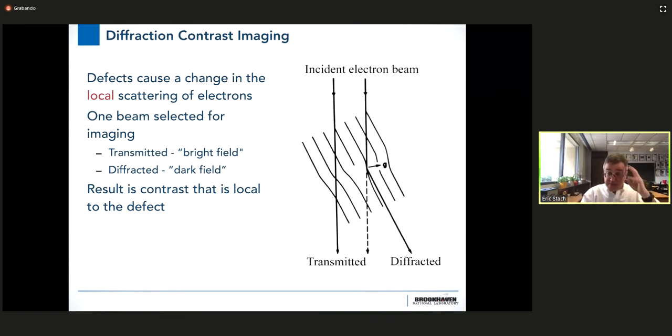We can do this in systematic ways through knowledge of crystallography. And then again, by choosing either the transmitted beam for the bright field mode or the diffracted beam for the dark field mode, we'll see where those dislocations are. The result, again, is a contrast that's local to the defect.